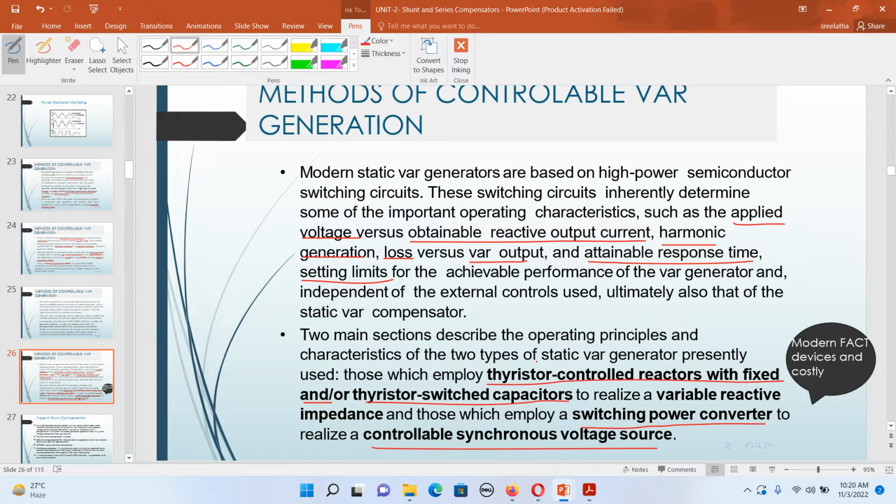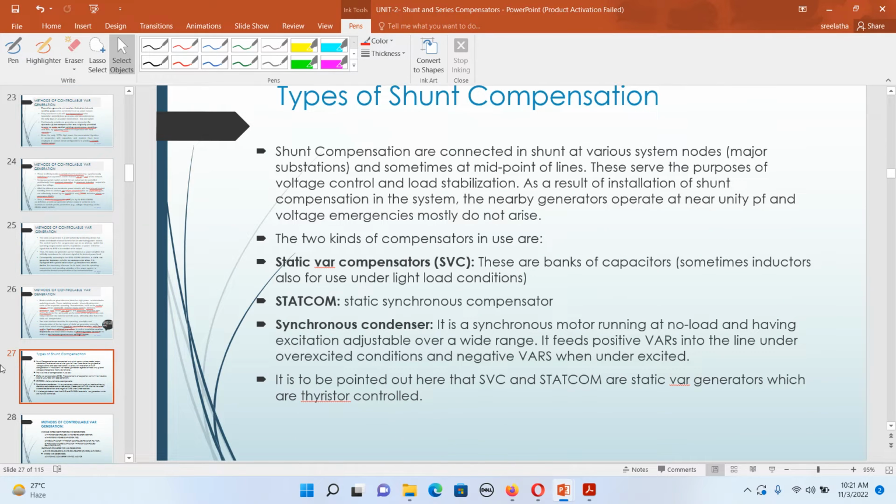So under static var generators we have two things: thyristor controlled reactor or capacitor, or thyristor switched capacitor or reactors. So here, in a whole view, I have shown you in one place the different things that we can do.